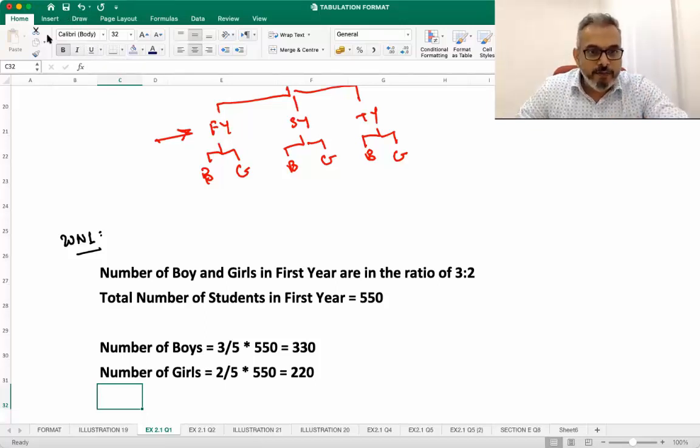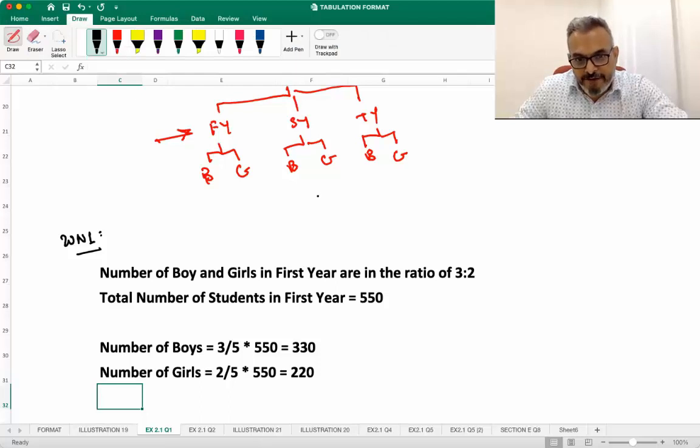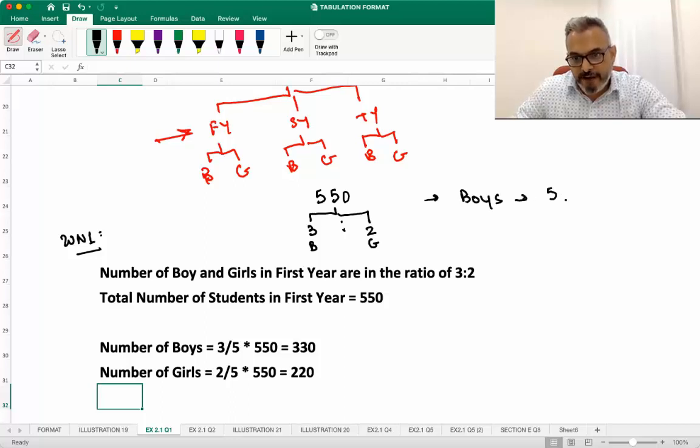Now, pay attention. See, there are 550 students. Ratio is 3 is to 2 between boys and girls. So how do we find out? Very simple. For boys, we take 550 into the boys' ratio 3 upon 3 plus 2, that is 5.